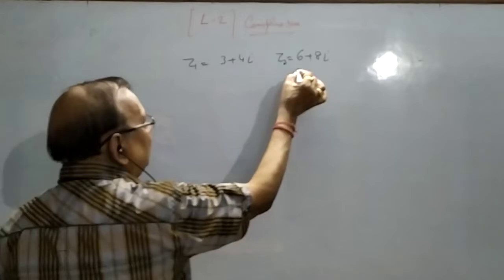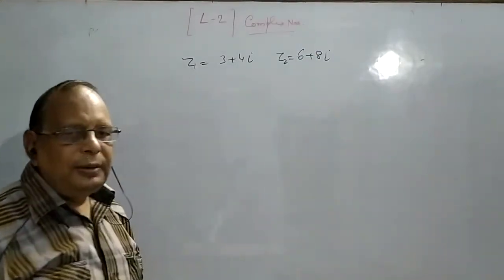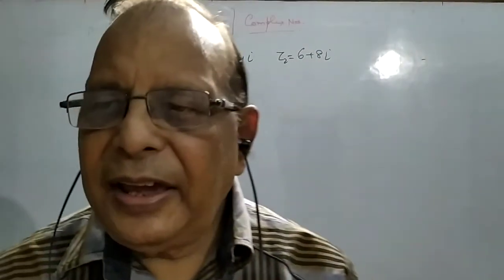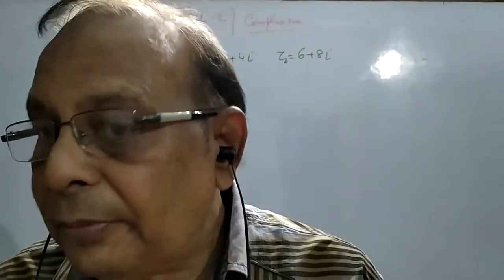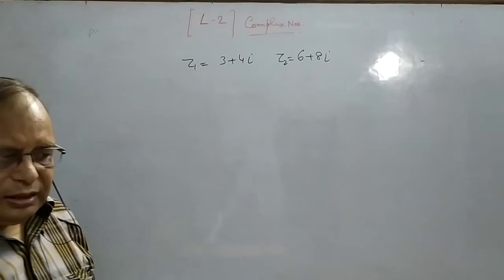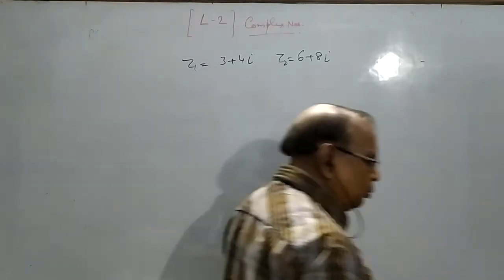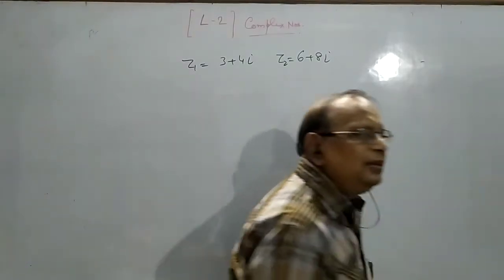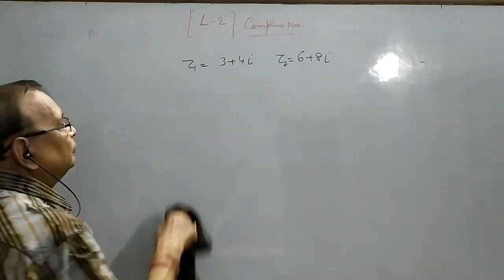However, it seems that z2 may be greater, but no. As there is no comparison, we can't compare two complex numbers. Whenever there is any inequality between two numbers, you must understand these are real numbers, nothing else.